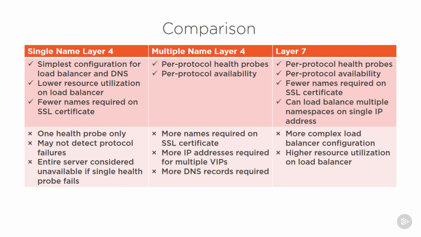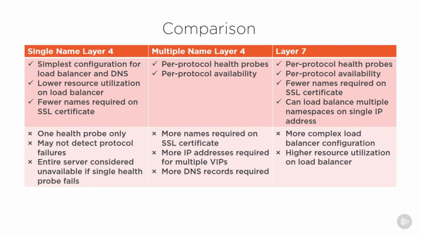Doing everything at layer 7 means you get the per protocol health probes and the per protocol availability. You'll only need maybe one name on the SSL certificate, so you don't have quite as expensive an SSL certificate as you would with a multiple namespace design. And you can load balance multiple namespaces on a single virtual IP address.